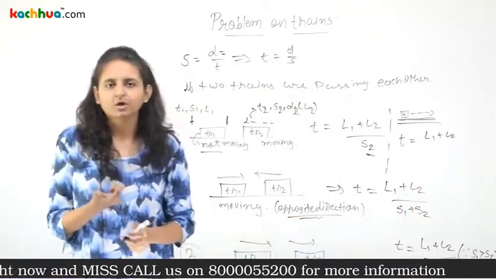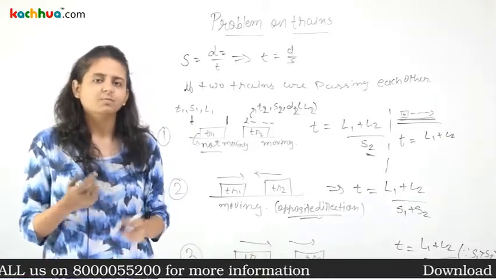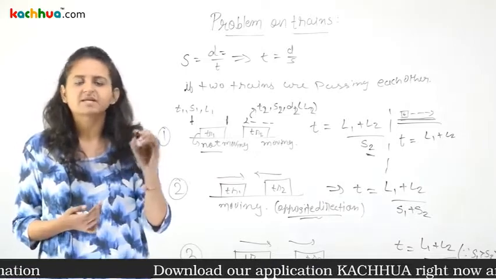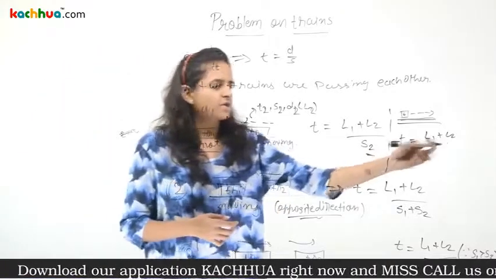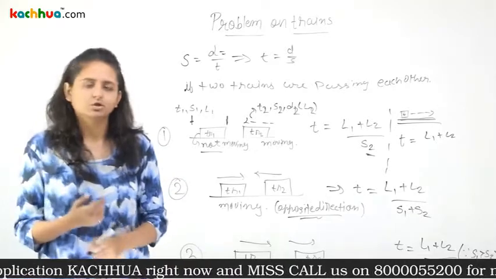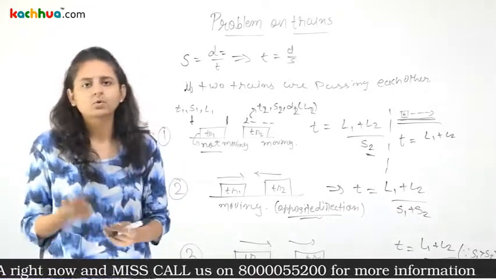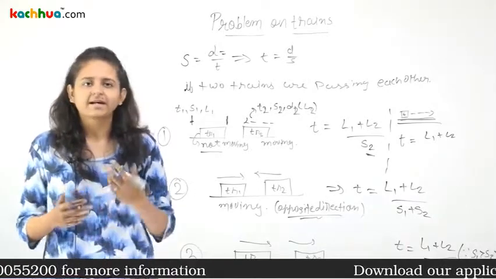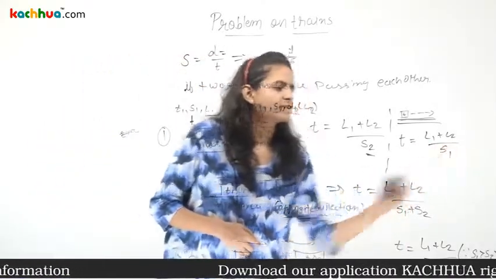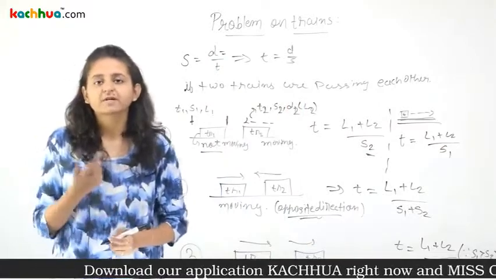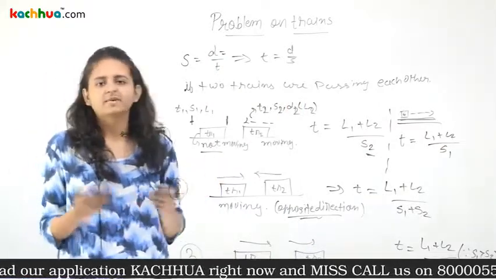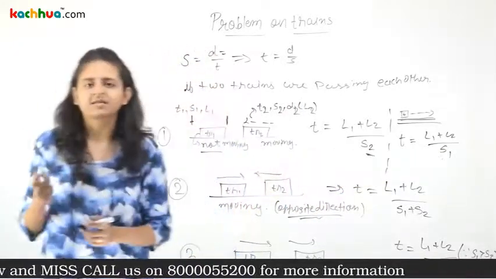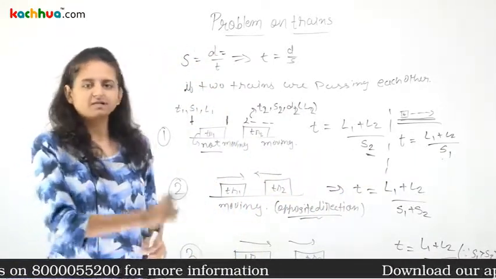We cannot ignore the length of the bridge, because of course the bridge won't be 2 meters or something. It will be greater than that. So we have to take the length of the bridge also. So L1 plus L2 divided by S1, and that is the speed of train. Obviously the bridge will be at its position, it won't be moving, so we'll take only the speed of train. So these are the fundas.